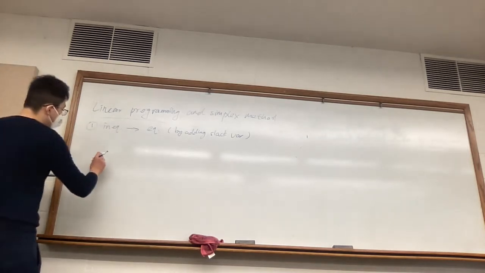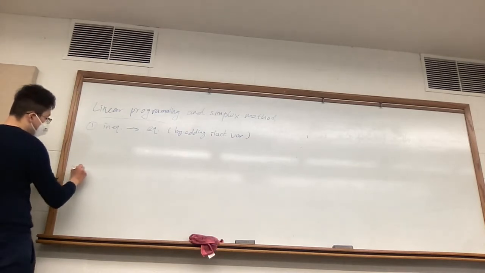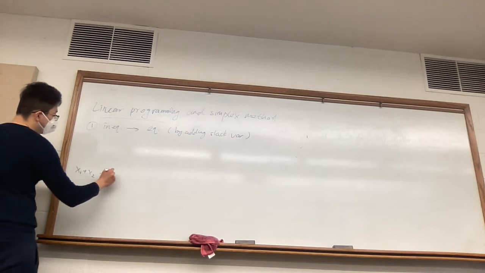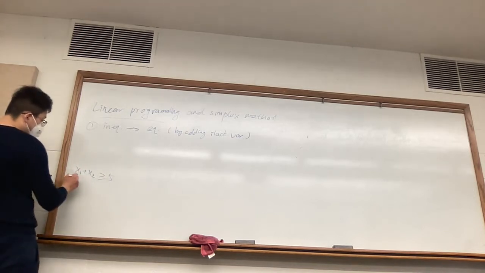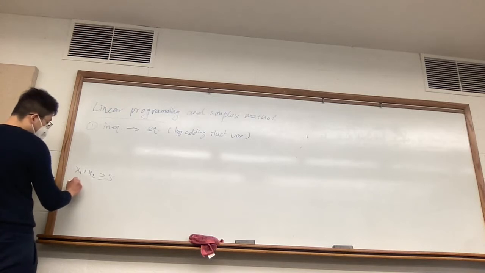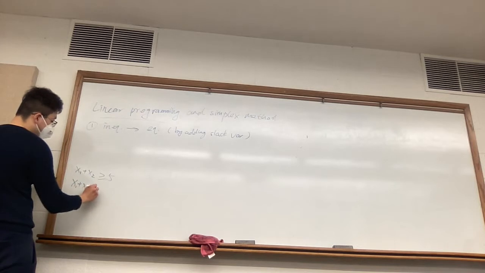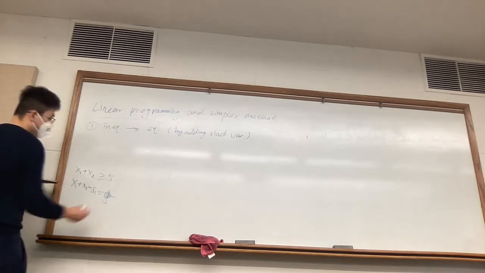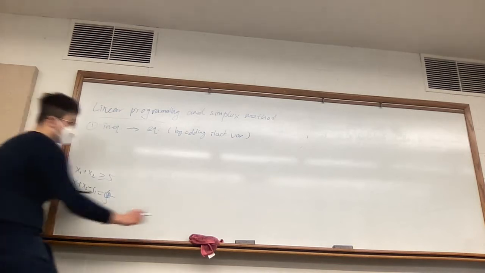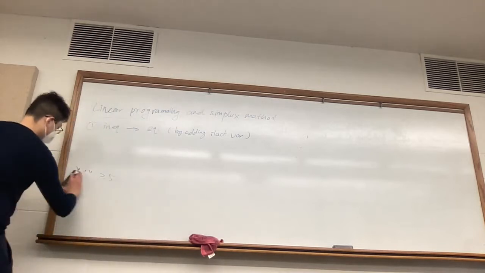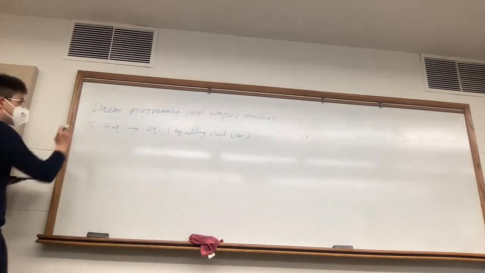So that's to say, if you have something, say x1 plus x2, this is greater than or equal to say 5. And what you need to do is to say you set it to be x1 plus x2 minus s1, and this is equal to 5. So in this way, you always make s1 to be non-negative. All right, so this is the first point.